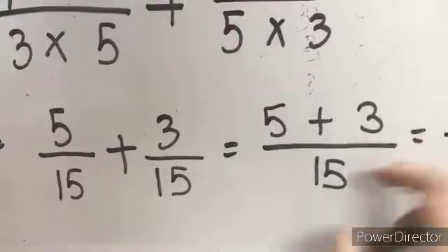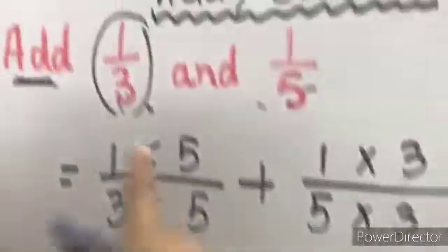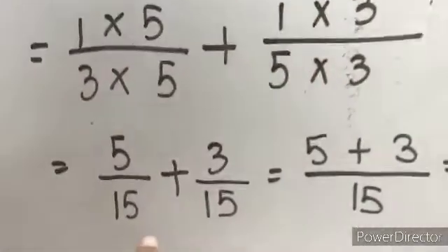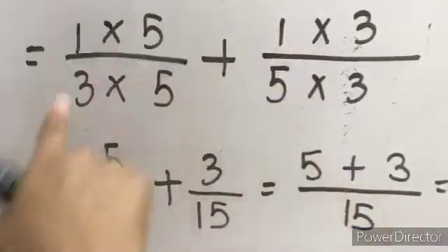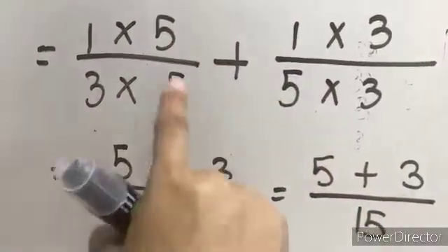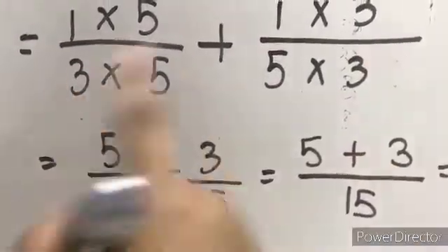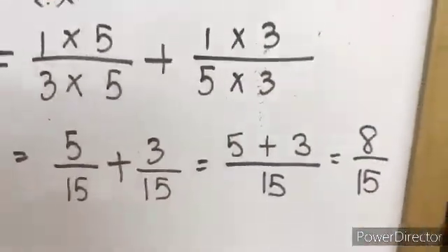Excellent. 8. 8 by what will I write here? The denominator. Which denominator will I write? This 3? No. This 5? No. I will write that denominator which I made in the first step, the common denominator, the same denominator both fractions now have, and that is 15.